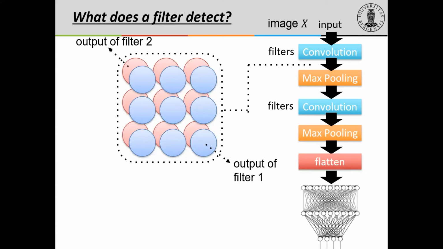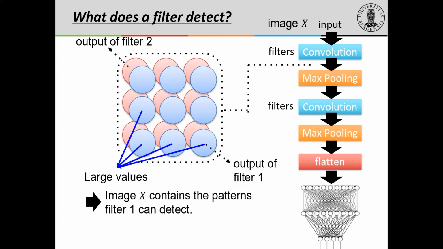Imagine we have an image X; if we put it into a neural network, we can get some values of the filter in a matrix. If we get a lot of very large values in the blue matrix, this means that the image X contains the patterns filter 1 can detect.